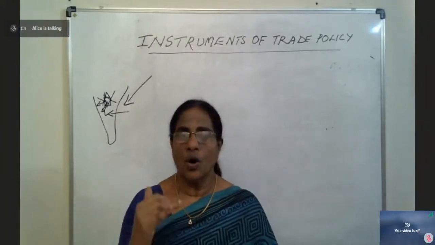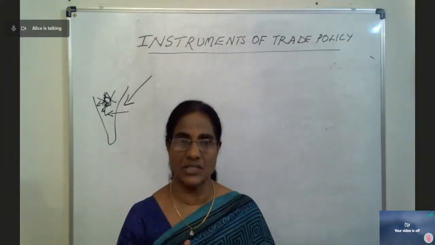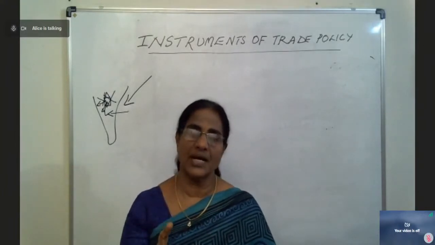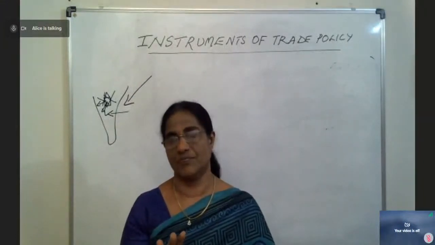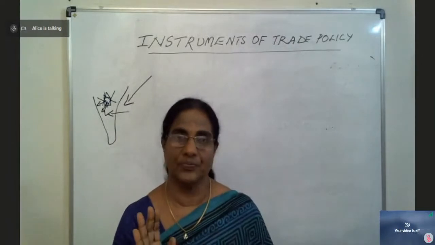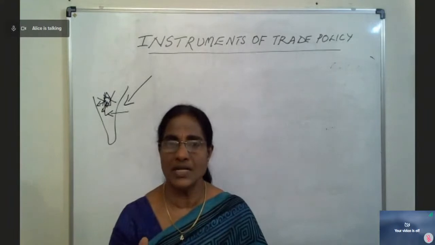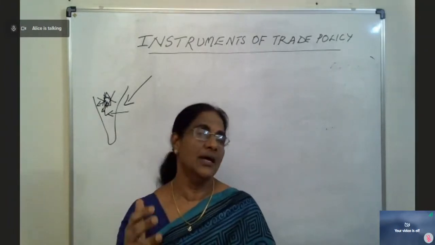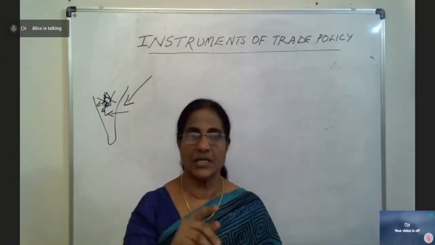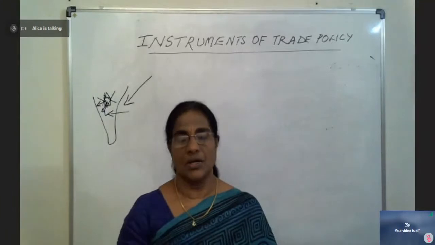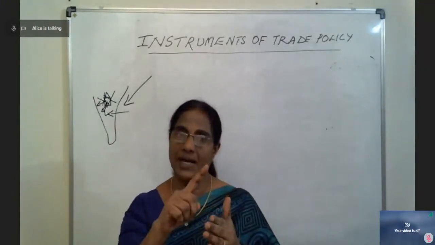So all instruments that government use, when I say instruments, it's policy instruments to promote or restrict imports and exports. That is a trade policy. I repeat, trade policy consists of all policy instruments that governments use to promote or restrict imports and exports.